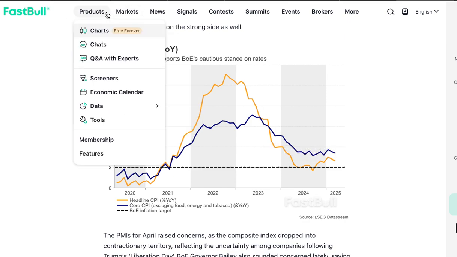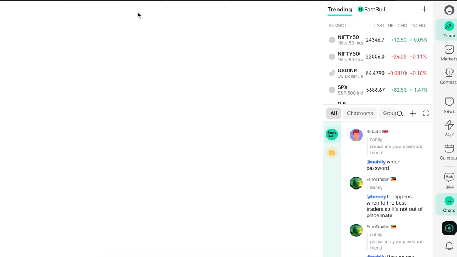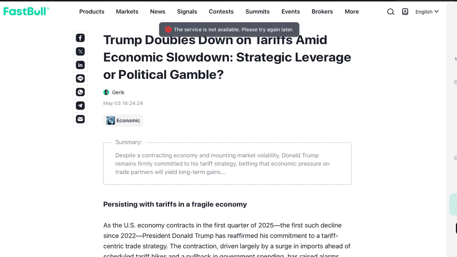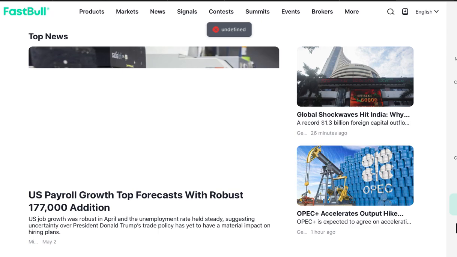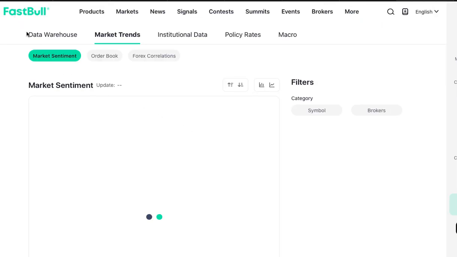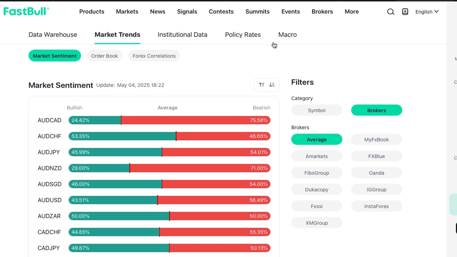So let's see the market sentiments here. I am using the Fast Bull platform to analyze the fundamental data from market sentiments, institutional data, policy rates, macros, and data warehouses.